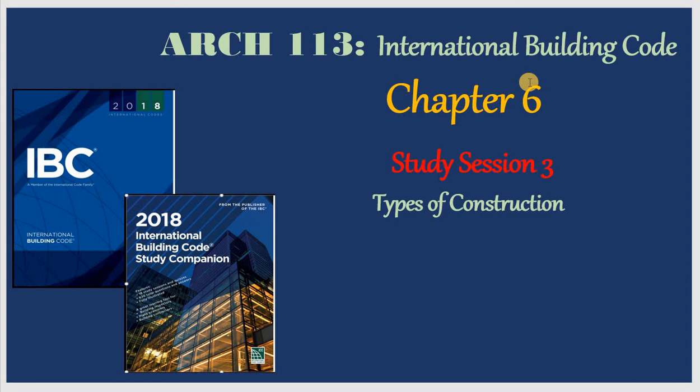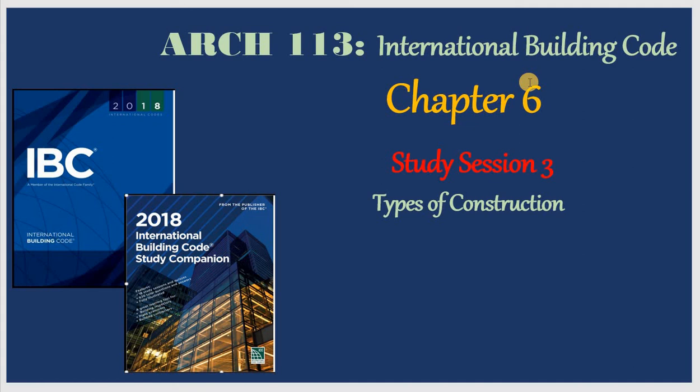One more time, we have 5 different types of construction, and 10 different occupancy groups. So for the groups, you have A, B, C, F, E, S, H, M, F. And for type of construction, you have 5 different ones.